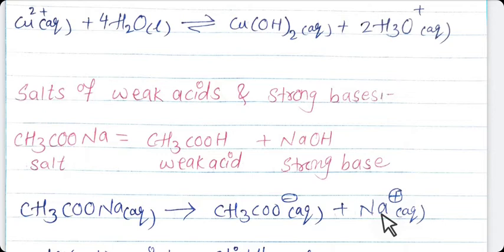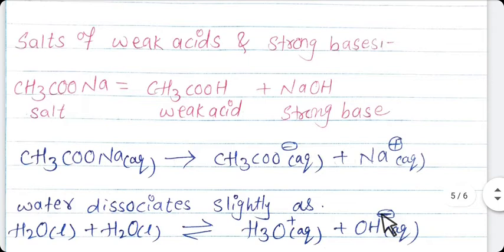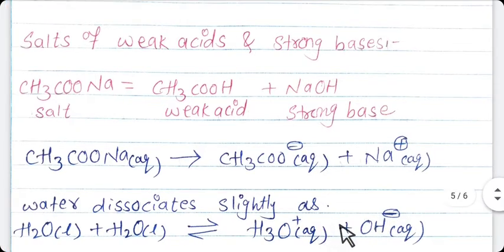And as we have already known, water dissociates slightly into hydronium ion and hydroxyl ion. So the solution of sodium acetate contains Na plus ion, H3O plus ion, CH3COO minus ion and OH minus ion.